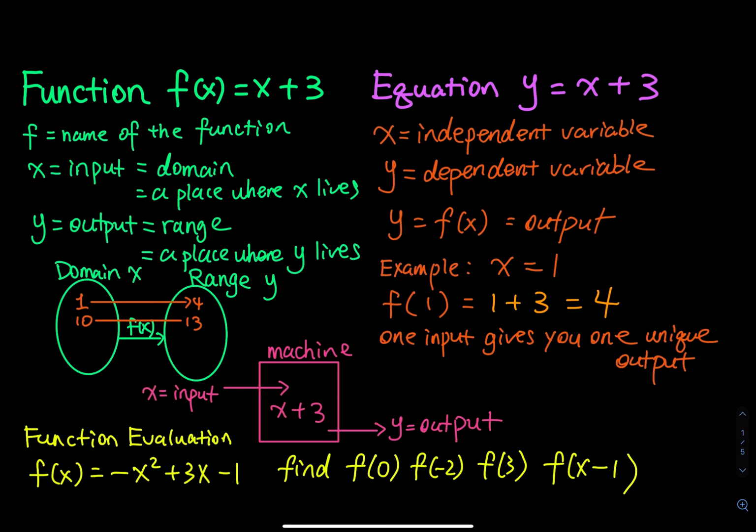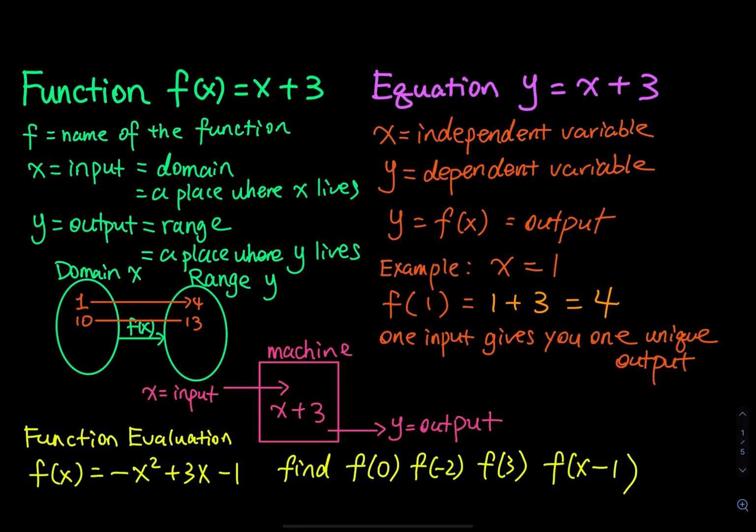You insert a number into the function, you get an output. X is the input, input means domain, and y is the output, output means the range. The most important thing you have to remember is one input gives you one unique output. Let's read this again. One input gives you one unique output.